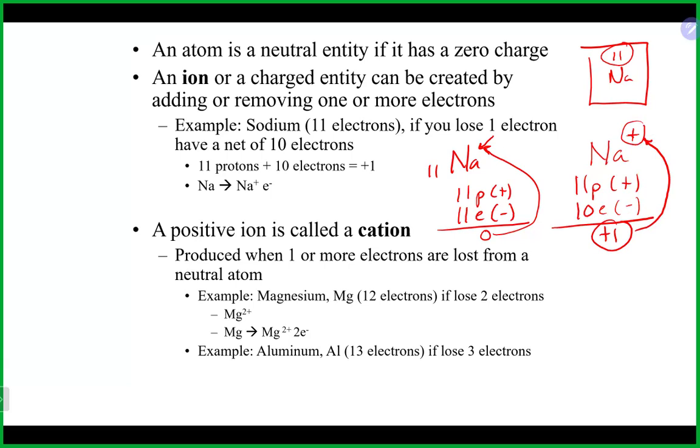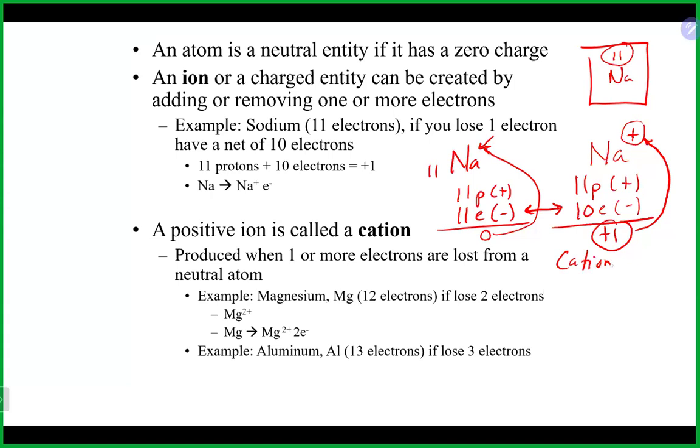It is the number of electrons that changes. We could represent this by looking at the difference between the neutral sodium and the sodium with a +1 charge: the number of electrons. The one with a +1 charge actually has one less electron than the neutral guy. And because it is a positive charge, that is a cation.